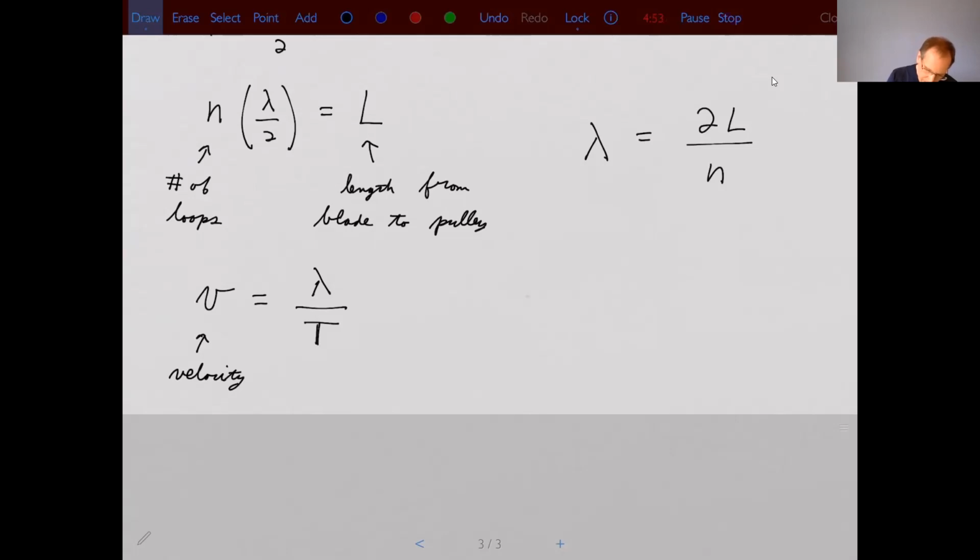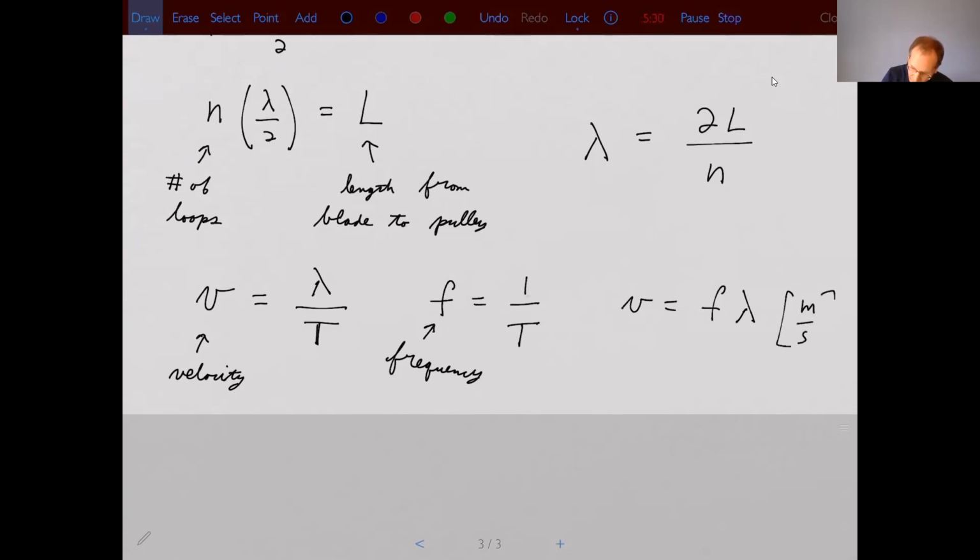Instead of the period, they use what's called the frequency. So F is the frequency. It's a number of oscillations per second, or hertz. That's really equal to 1 over the period. So another way that we can write velocity of that traveling wave is simply as F times lambda. So it's the frequency times the wavelength. And that'll be in the correct units at the end of meters per second, which it has to be, because velocity is meters per second.